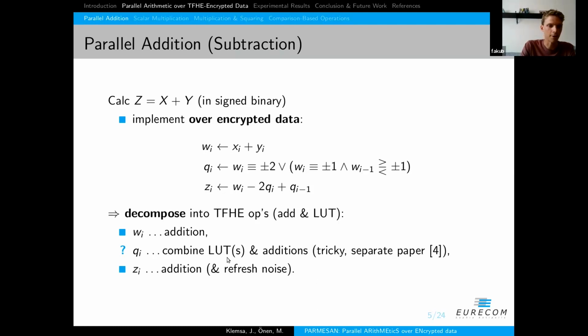We need to combine lookup tables and additions, because the problem is that the lookup table in TFHE is one-dimensional, whereas here we have 2 inputs, so that would be 2-dimensional, and that's why this makes it a bit tricky.